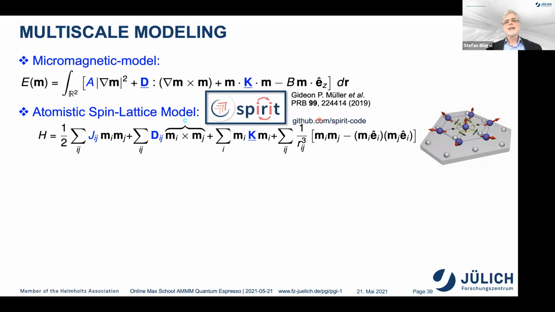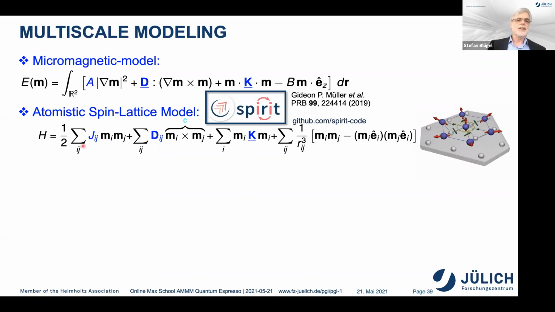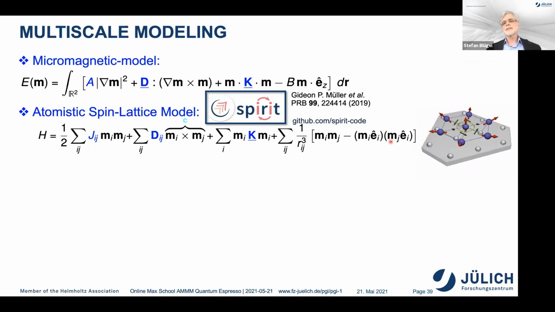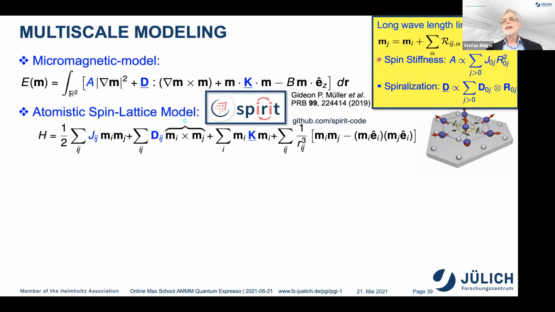But sometimes all this spin lattice model is a little bit complicated. You want to do also some analytic work, and therefore you often go from this atomistic spin model to the micromagnetic spin model. And this you can do if you, for example, take a long wavelength approximation.